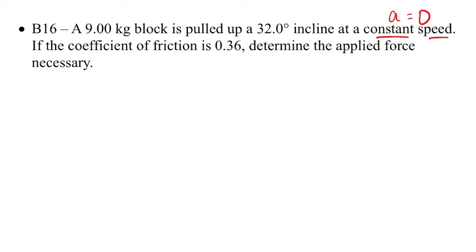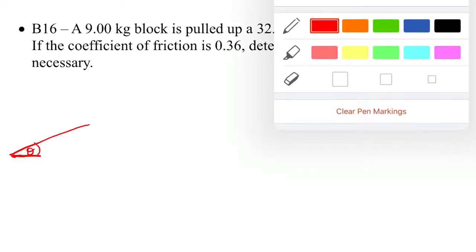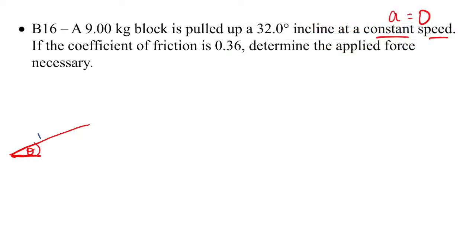Okay, let's start with a free body diagram. I know I haven't finished even reading the question, but I just want to do the free body diagram first because it's nice to be able to put the information down as you go rather than just reading it and being like, huh? So that's what I like to do. I already know that I have an applied force going up the incline, so I just want to draw that.